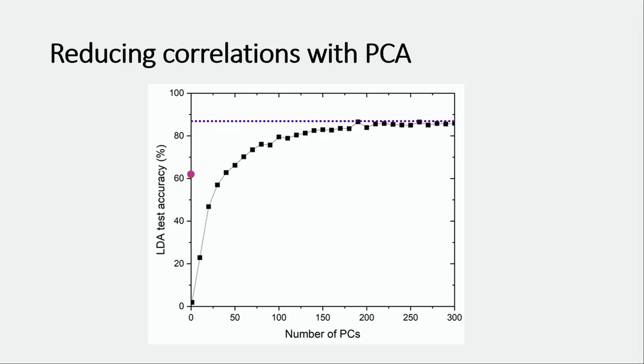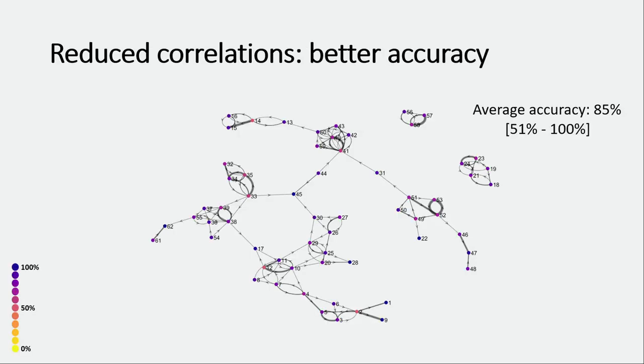And then we go from just normal LDA with, if we have nothing to reduce the data, we can go up now. Just using 200 PCs, we can go up to 85% accuracy. So we reduce the amount of variables, we increase the accuracy. And so what we get now, we love those graphs. We have them.